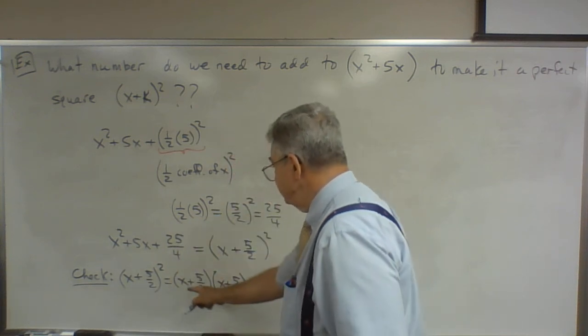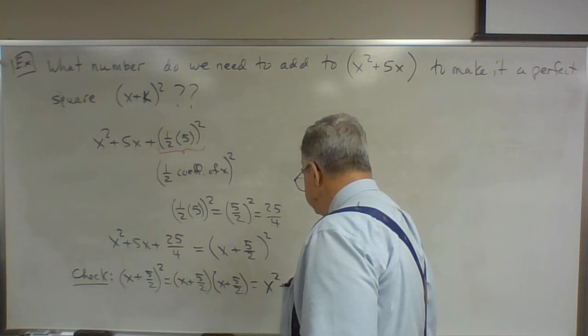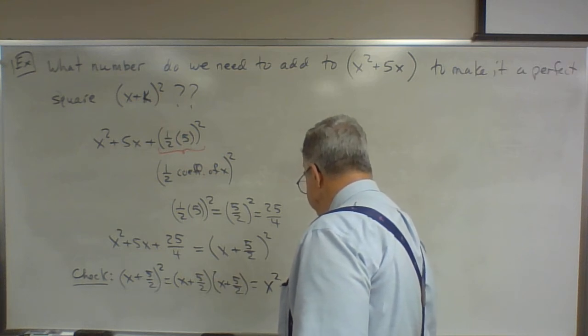We'll do the outers. x times 5 halves is 5 halves x.